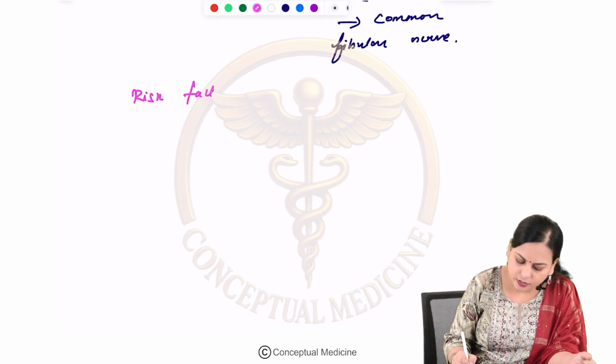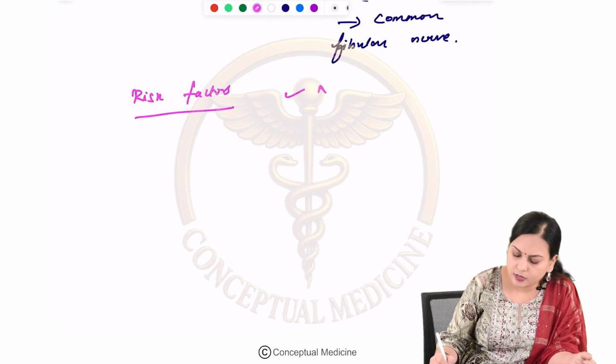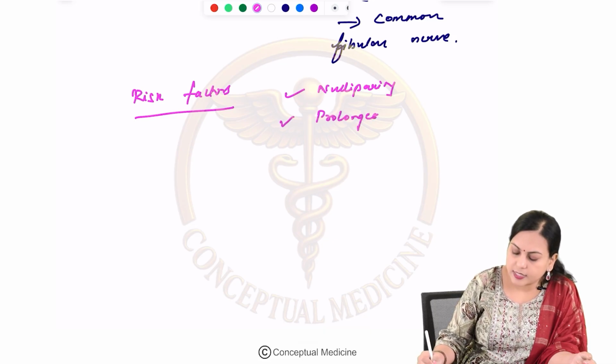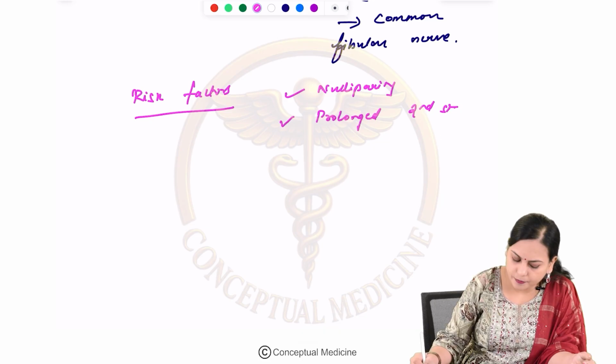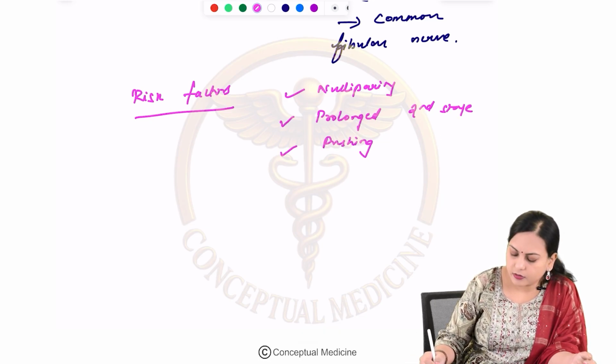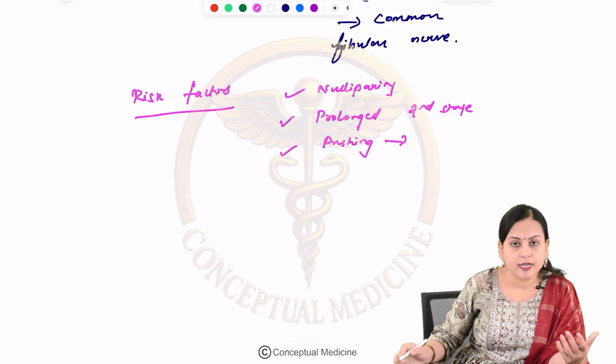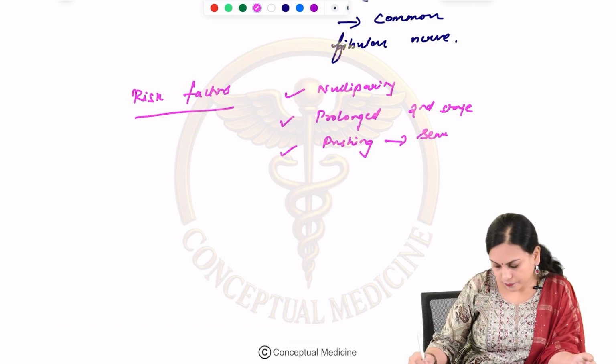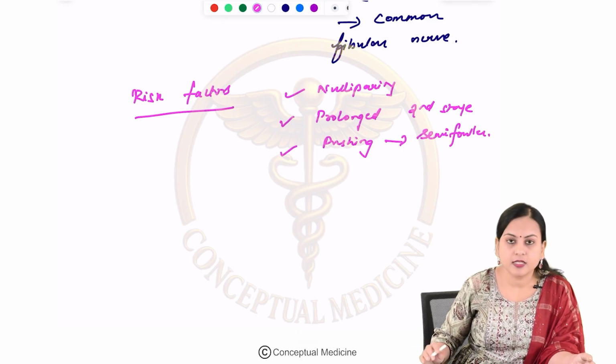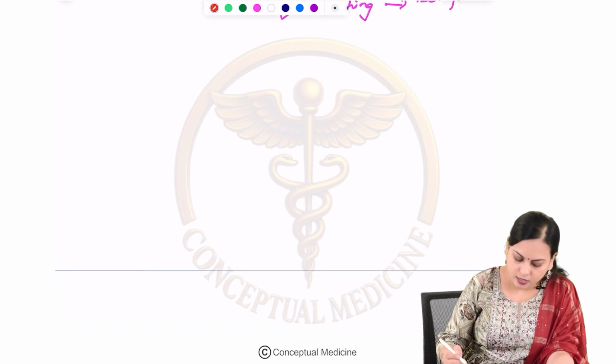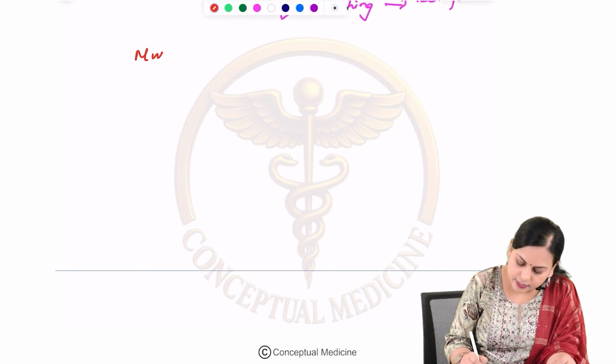Risk factors for nerve injuries include nulliparity, prolonged second stage of labor, then pushing for a longer duration in a semi-Fowler position. Yes? Right.